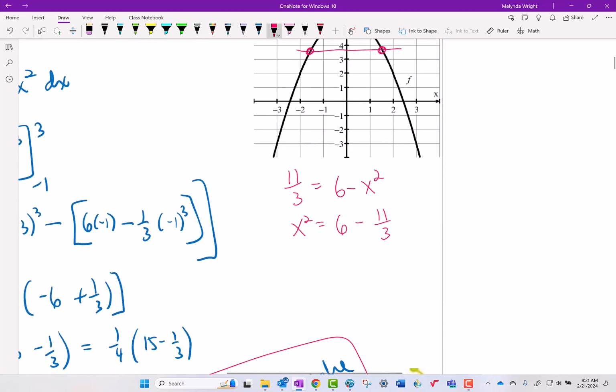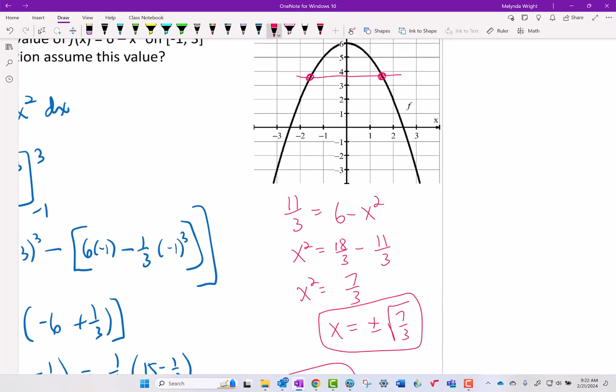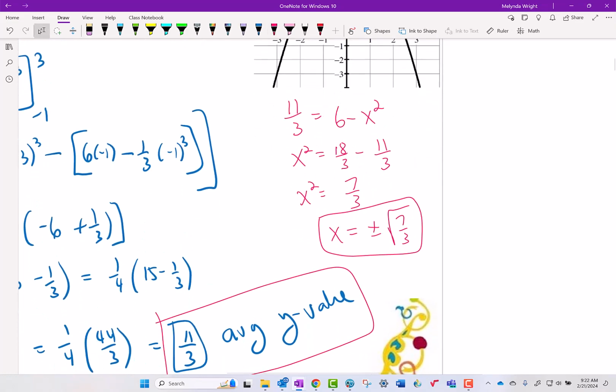That 6 is 18/3, so x squared equals 7/3. So x would be plus or minus square root of 7/3. That would be when it happens, which is these two places right here. Okay, so that is average value.